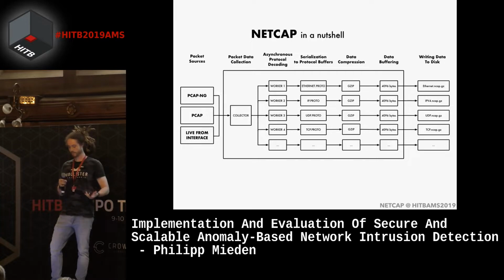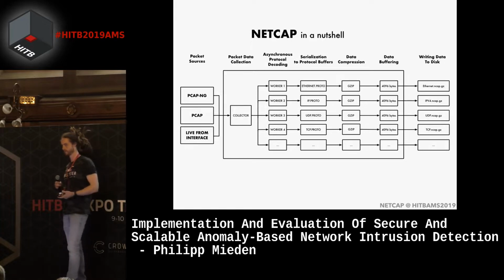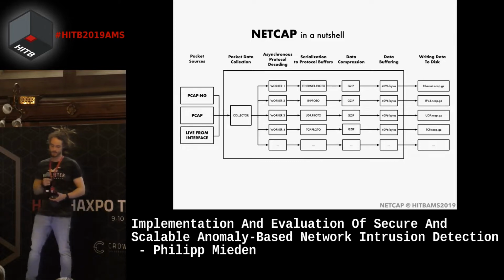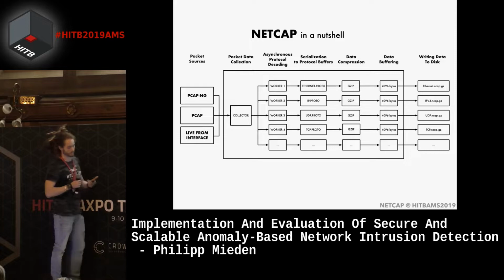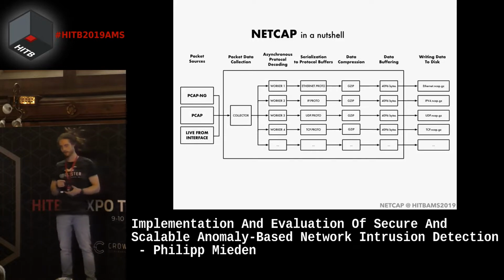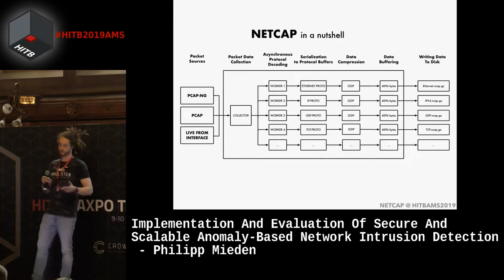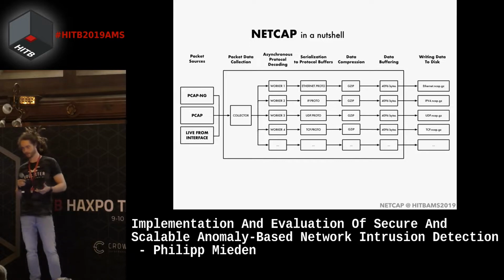So just a brief overview of what NETCAP does. Basically, we're fetching packets from an input source. It could be live from a network interface, or from a dump file. Then these packets are equally distributed to a pool of workers with a round-robin strategy, so nothing special here.